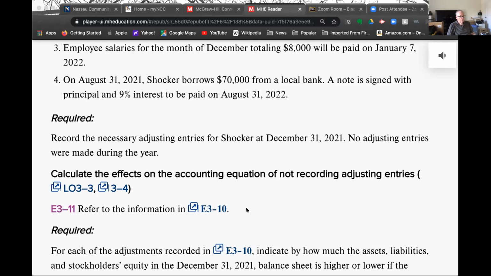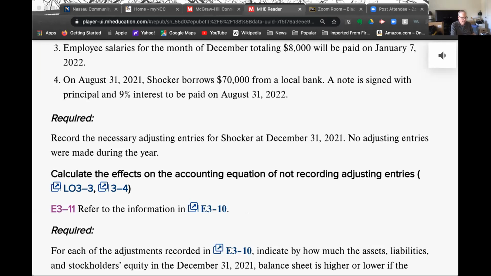Now, when somebody owes you money, that's a receivable. So yeah, it could be accounts receivable, but with interest, we like to use interest receivable. So we're going to debit interest receivable and credit interest revenue.